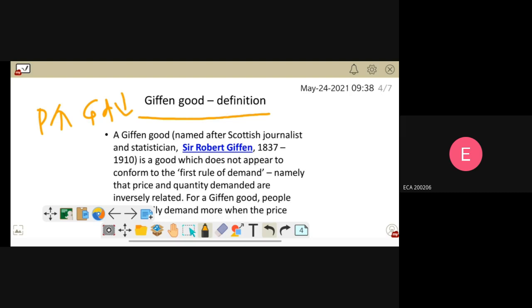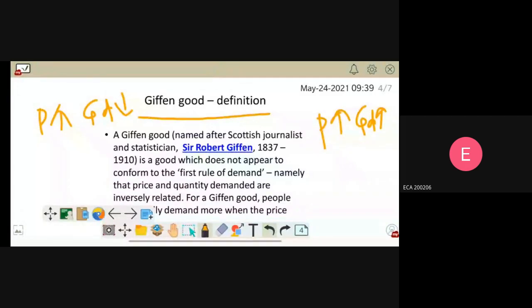But think of a situation when price increases, quantity demanded increases. This is just the opposite of what we have studied, right? This particular phenomenon was put forward in the attention of the general public by Sir Robert Giffen.